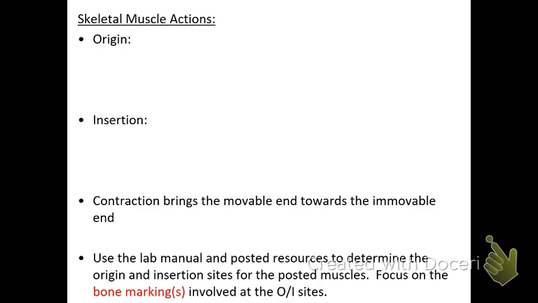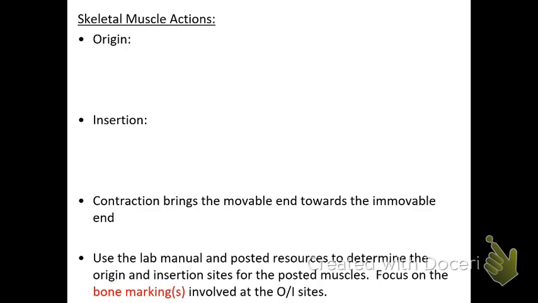A large part of what you'll be learning in this lab and in the next couple of labs, not only will you be learning names of muscles, but you'll also be learning approximately 20 different origin and insertion pairs. Each muscle in your body has a particular job in action. So you'll also be learning actions of muscles.